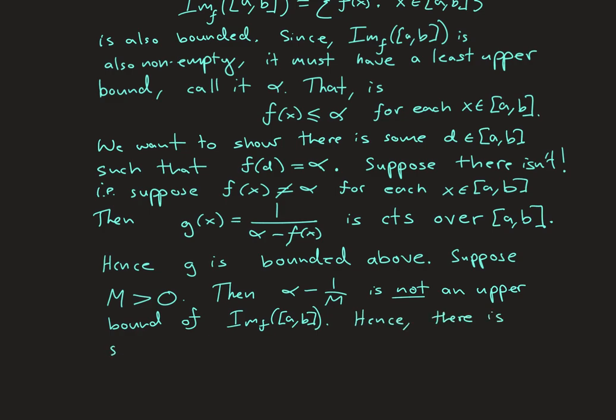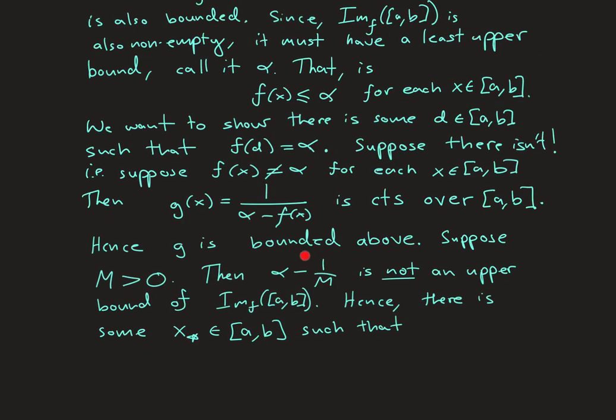There is some, I'll call it x star, in a to b such that, so if this is not an upper bound, that means there must be some element of the image of f that's bigger than this. f of x star here.